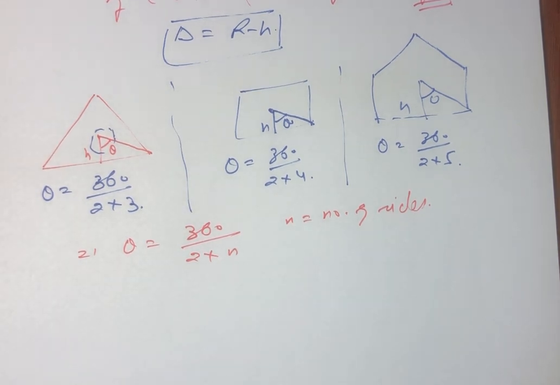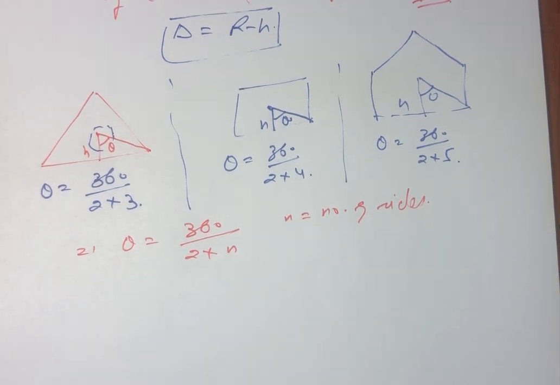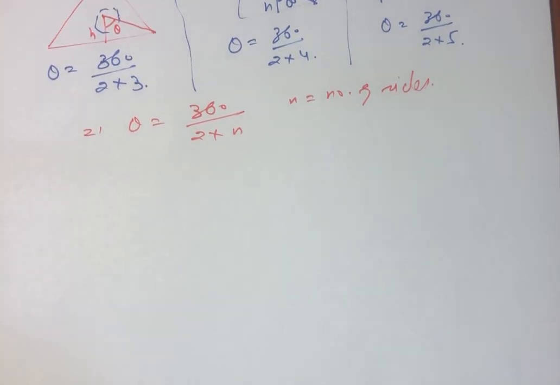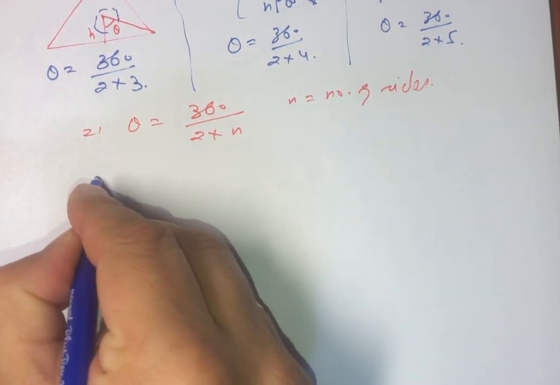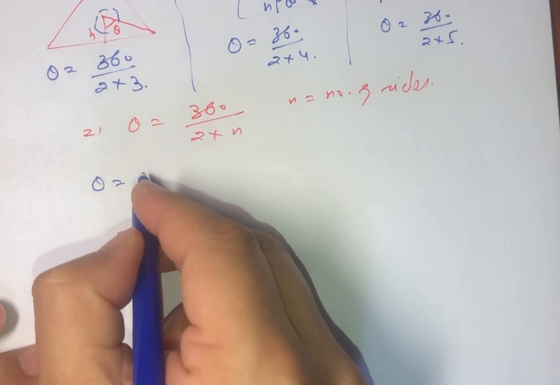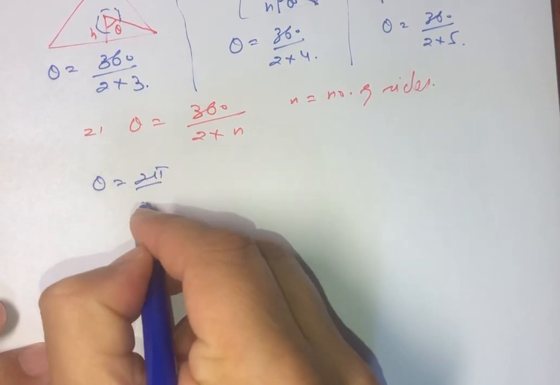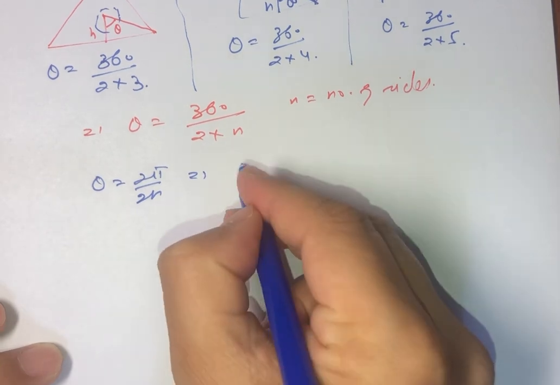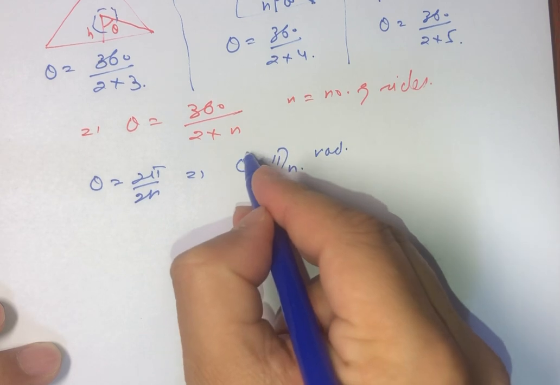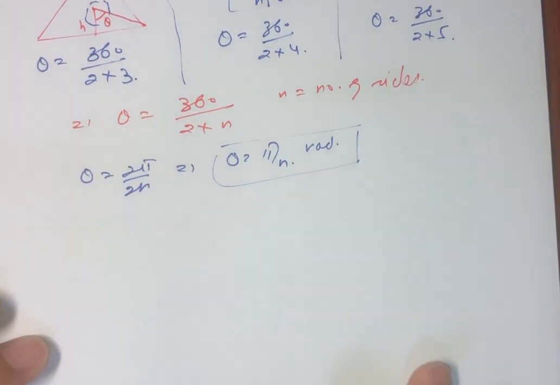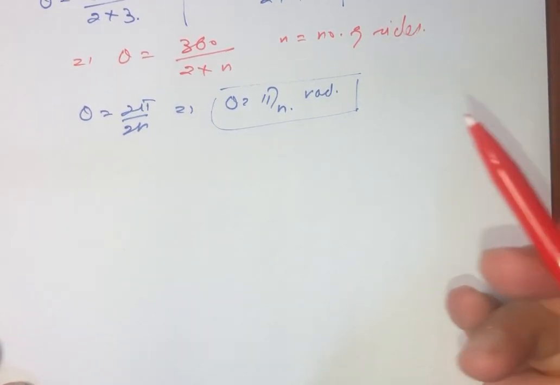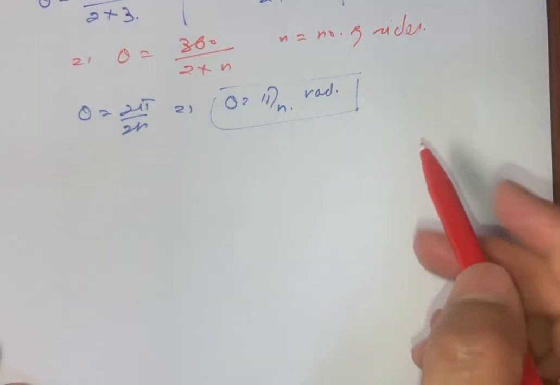Okay, so we can convert this into radians. You can say theta is equal to two pi by 2n, or we can say theta is equal to pi by n radians. Now we are simply going to use a right angle triangle like this in every case.